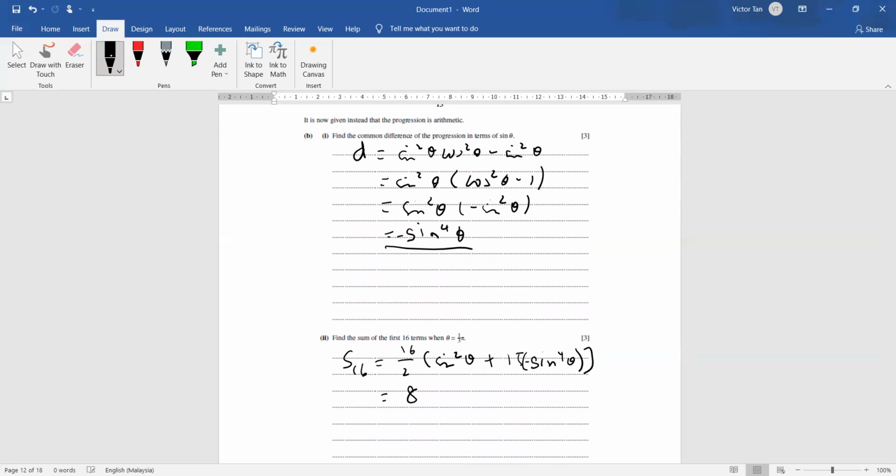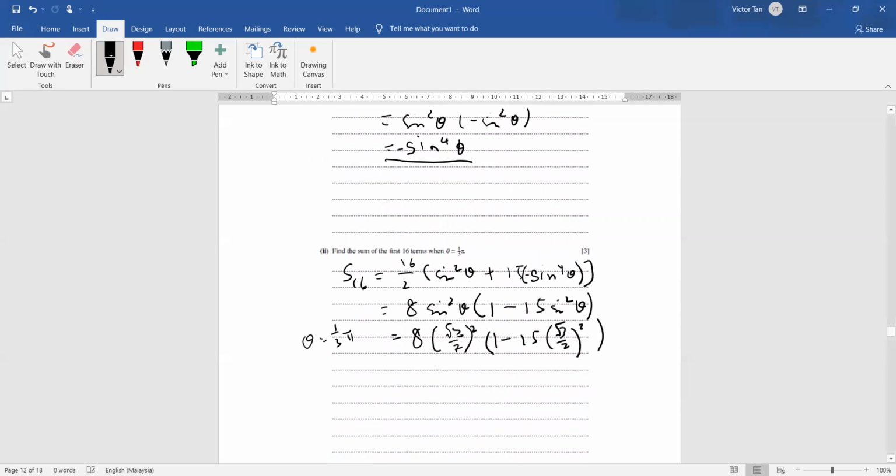So it will be 8 factorizing sine square theta, 2 minus 15 sine square theta. Okay, so theta is 1 over 3 pi. So this will equal 8. Sine of 1 over 3 pi is root 3 over 2. 2 minus 15 times root 3 over 2 squared.